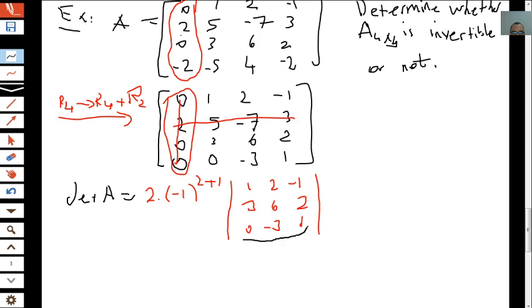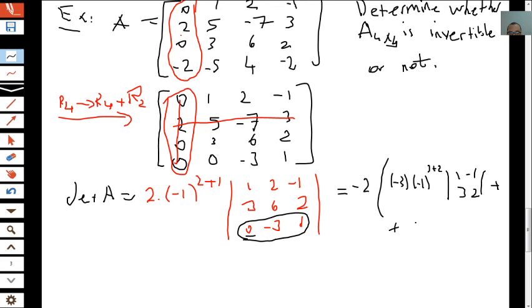And using the third row, it becomes so minus 2 times, we don't need to write the term corresponding to the first entry since we have 0, so we write directly minus 3 times minus 1 to the power 3 plus 2, since it is in the third row and the second column, and the remaining numbers are 1, minus 1, 3, 2, by cancelling the third row and second column, plus 1, which is the third entry, minus 1 to the power 3 plus 3 times, by cancelling the third row and the third column, we obtain 1, 2, 3, 6.